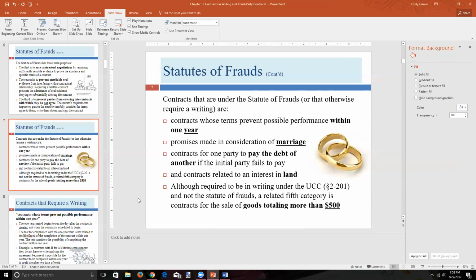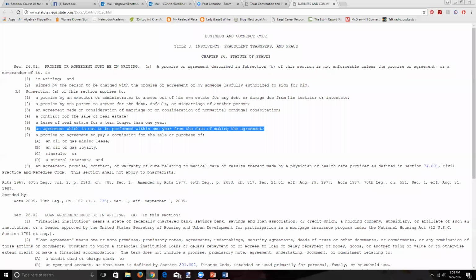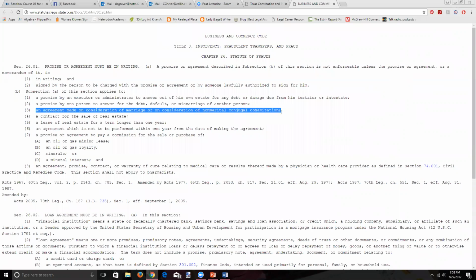And this was a binding contract between the two families. And so those are the types of promises that we're talking about in this document. And we have here, in number 3, an agreement made in consideration of marriage or in consideration of a non-marital conjugal cohabitation.